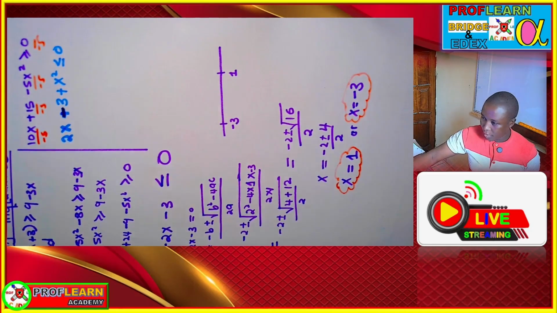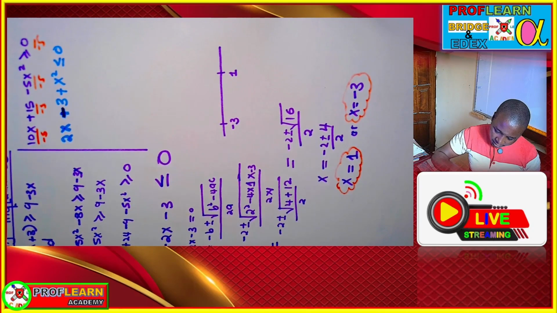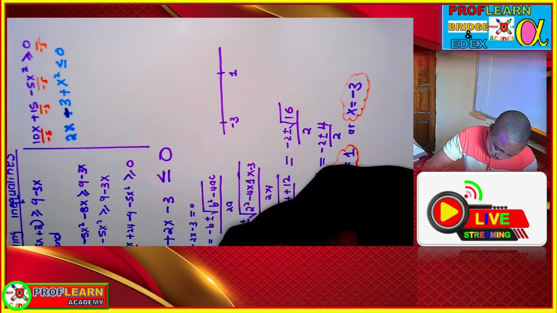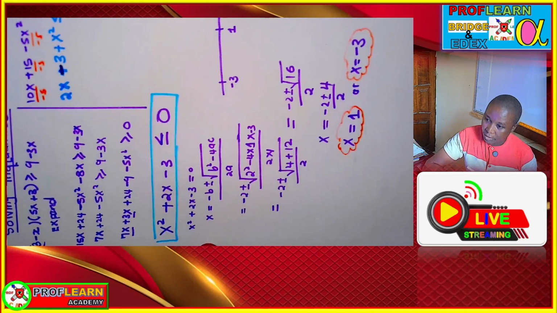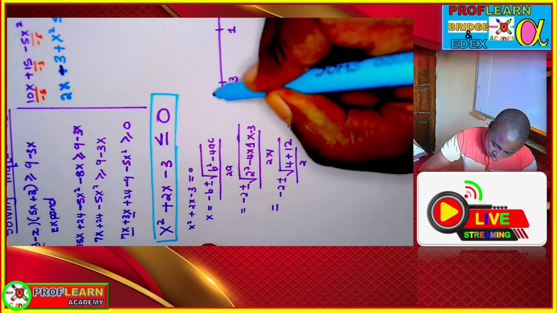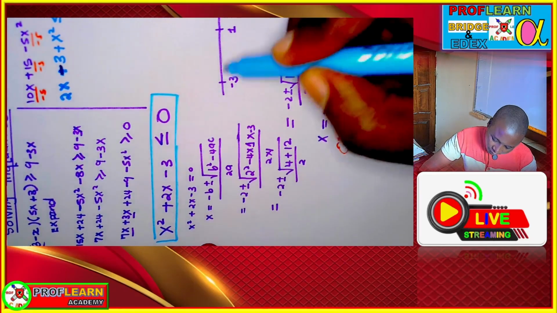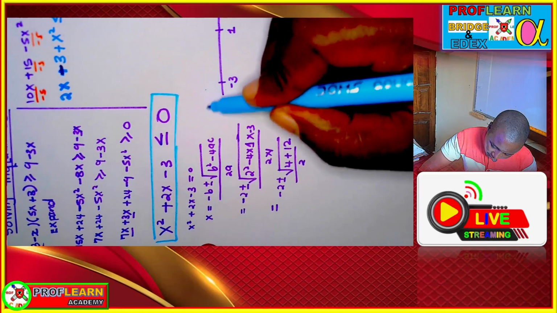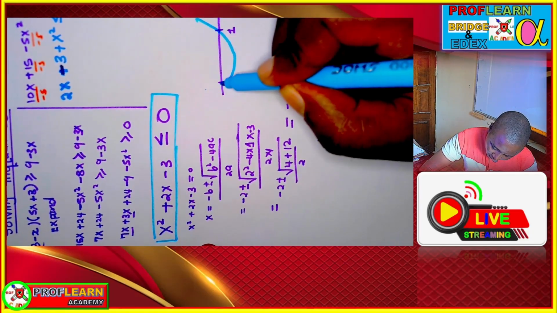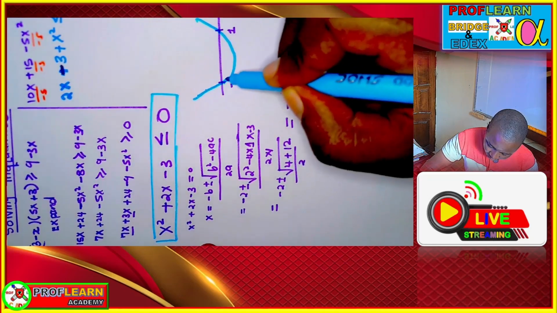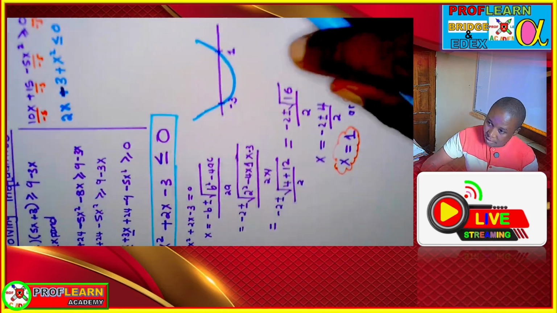Then the inequality that we were solving is this one. It has a positive coefficient, so it means that the graph of this inequality is going to open upward like that.